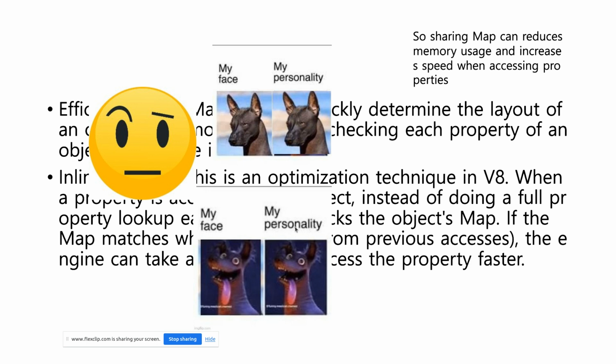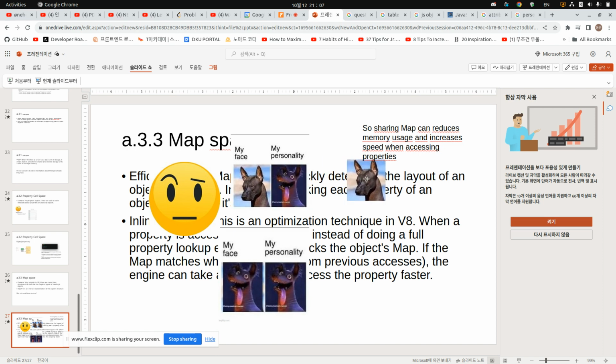For example, look at this: here is my face, and it thinks, oh, this dog is handsome, so the personality is probably handsome. If it's as expected, it assesses faster. But if it's not, it's like, whoa, that's not what I was thinking. It's a surprise, so compared to this one, it is much slower.